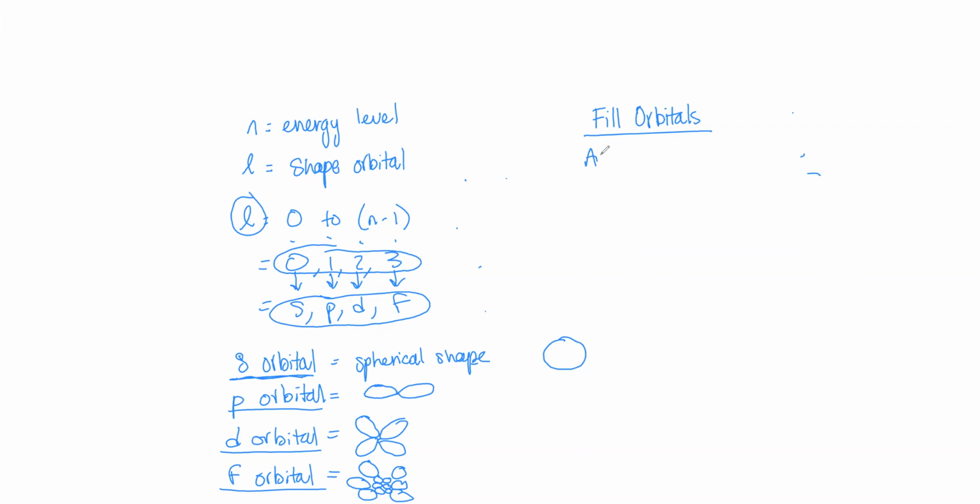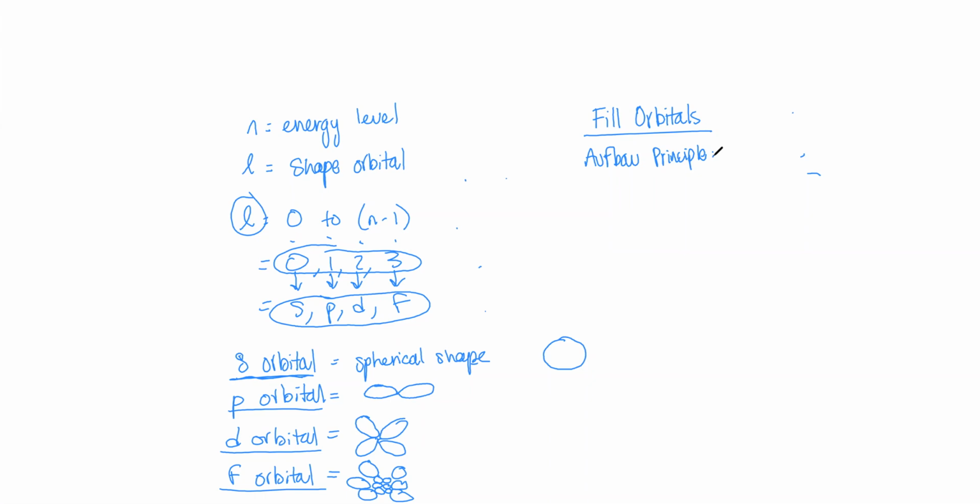So there's the Aufbau principle. Now this rule says that the electrons are going to be placed in the lowest energy orbitals first.